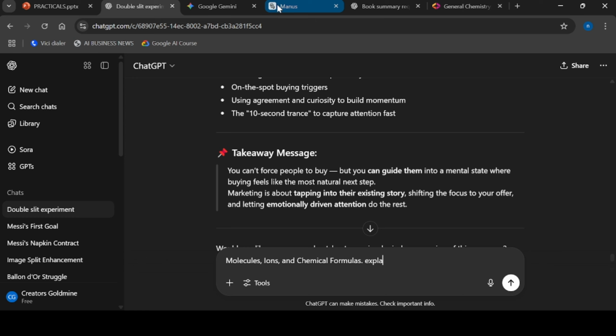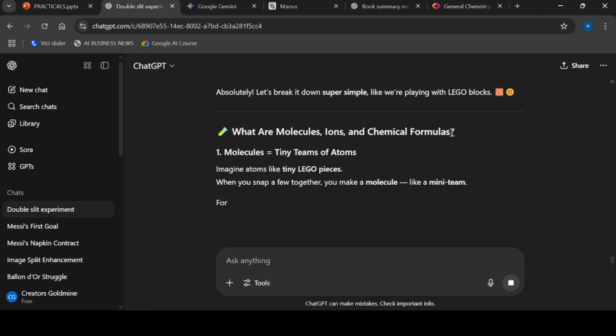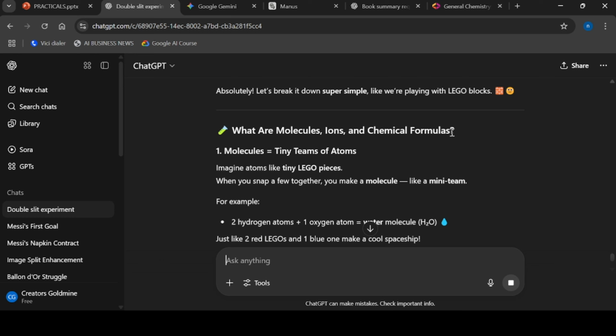Explain this to me like I am a 5 year old. Now, what are molecules? Tiny teams of atoms. Imagine atoms like tiny Lego pieces. When you snap a few together, you make a molecule, like a mini team.